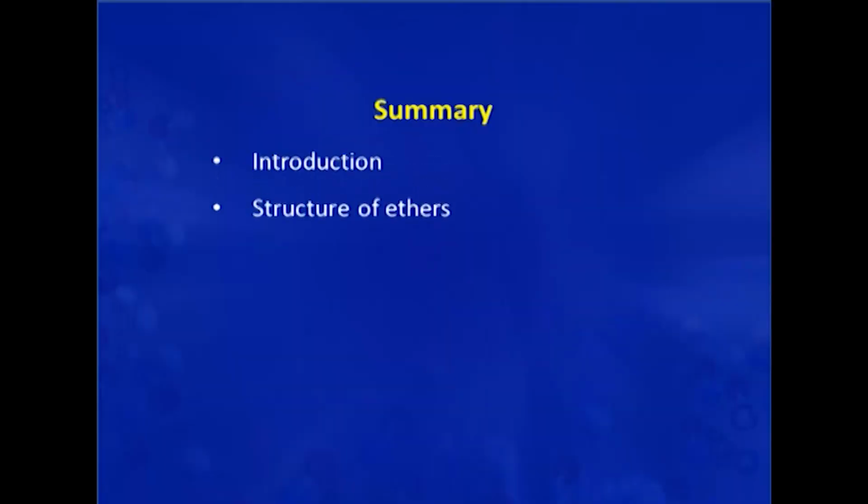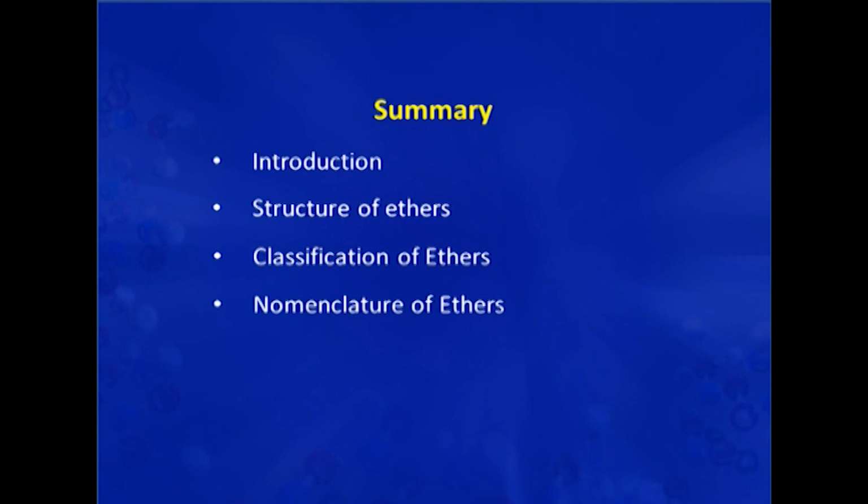We discussed in today's lecture the structure of ethers, the classification associated with ethers, in detail the nomenclature of different types of ethers, then the isomerism shown by ethers. The two isomerisms shown by ethers are functional isomerism with the alcohol molecule and metamerism within ether molecules.